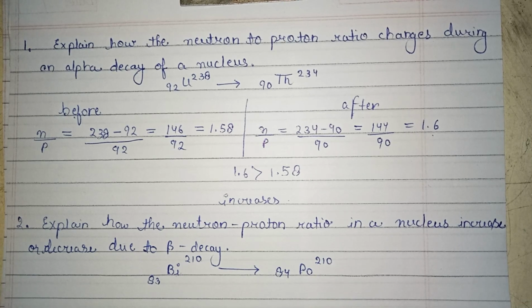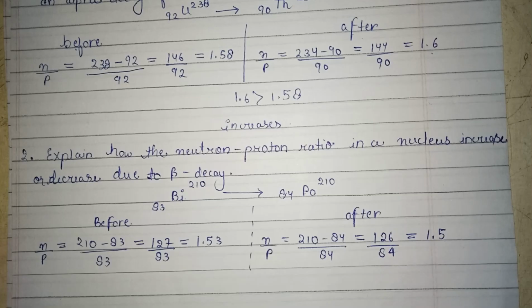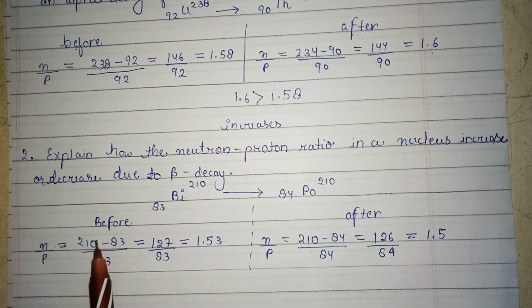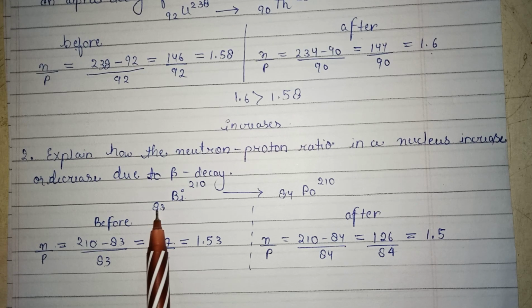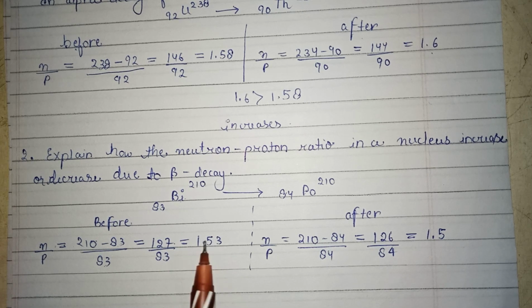Now checking the neutron to proton ratio. The number of neutrons is equal to the atomic mass minus the number of protons, that is the atomic number of that element. So 210 minus 83 will be equal to 127, upon the number of protons, which is the same as the atomic number, 83. On dividing this quantity we get 1.53.